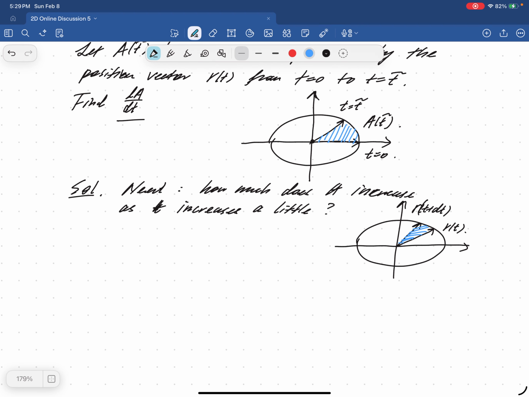And notice that my area is basically a triangle. So the increase in A is approximately a triangle when my increase in t is small, so when dt is small.